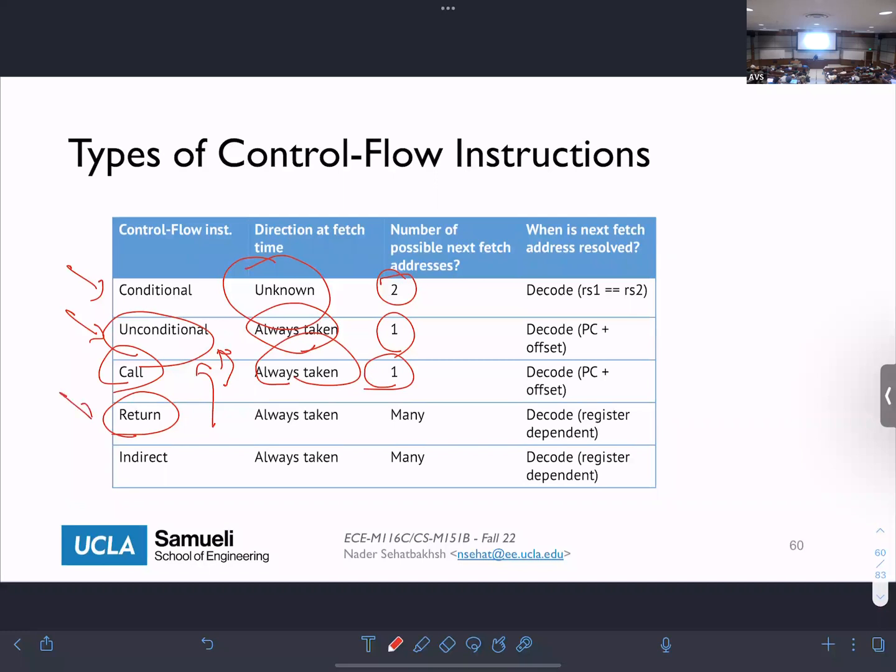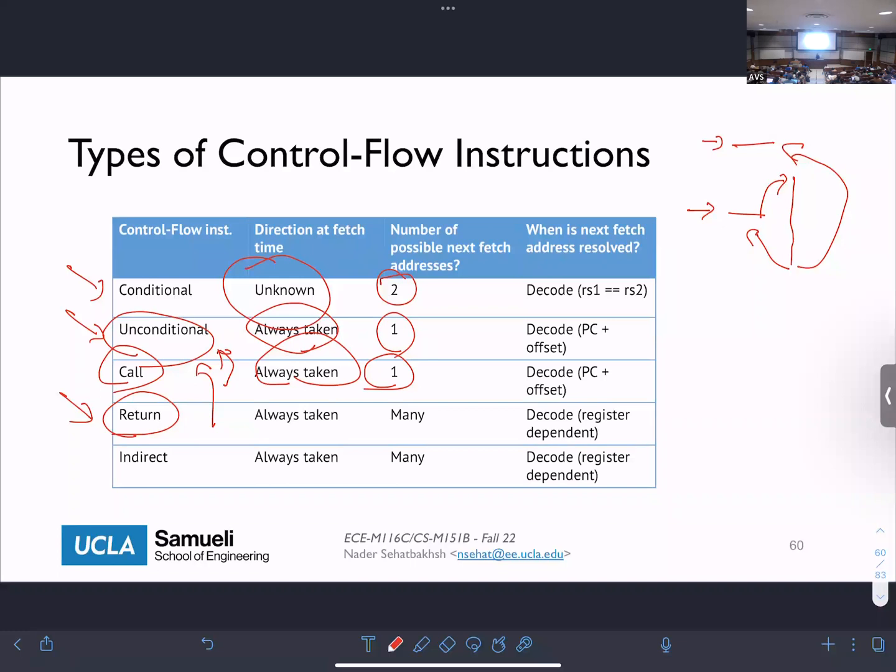The return, though, is slightly different, because the return jumps to whatever RA, which was X1, is pointing to. If you jump to a function from this point in your program and run that function, you have to return here. If you jump to the same function from another point, you have to return there. So a return has many different possibilities.